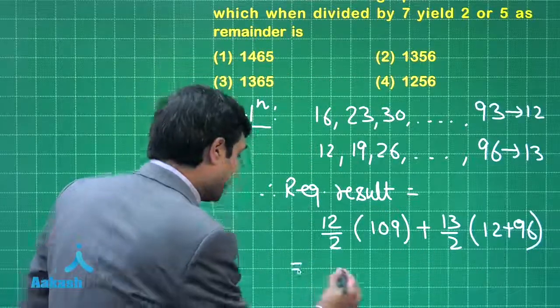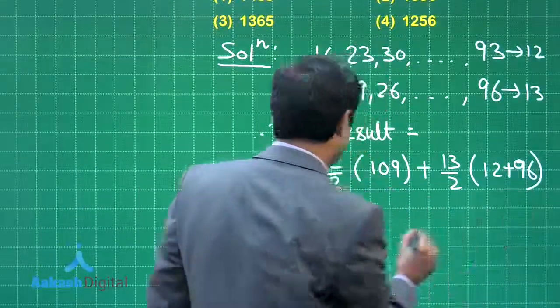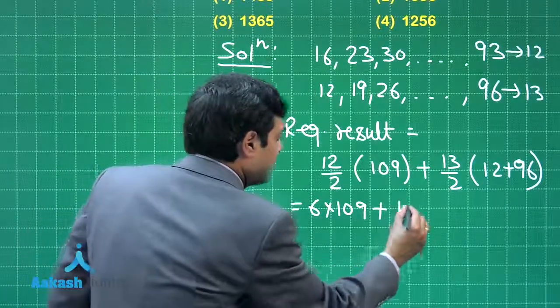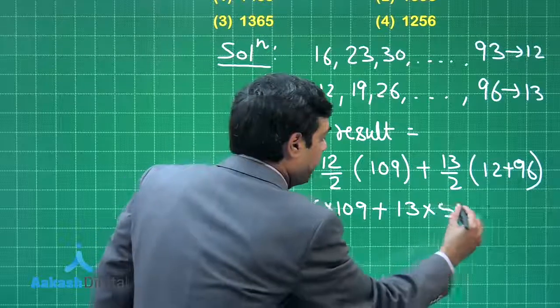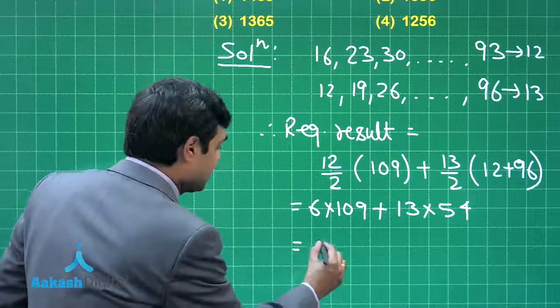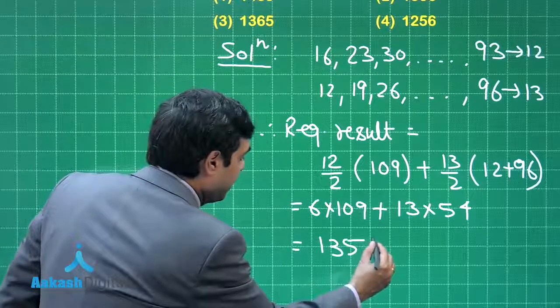So the result we are getting over here is 6 into 109 plus 13 into 54. Just add the two, simplify to get the result simply as 1356.